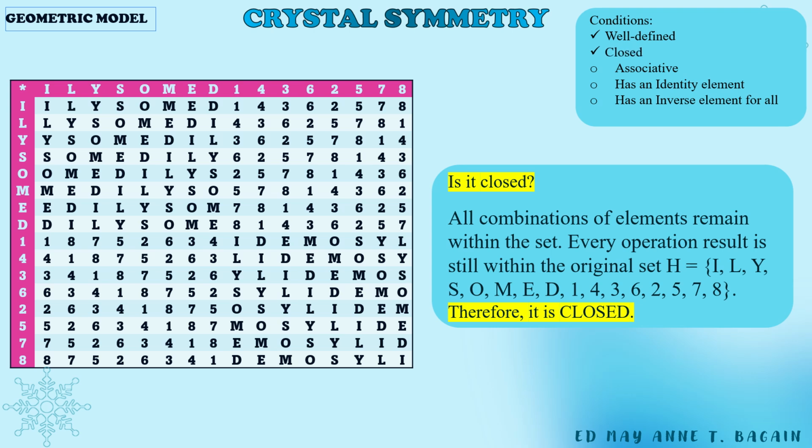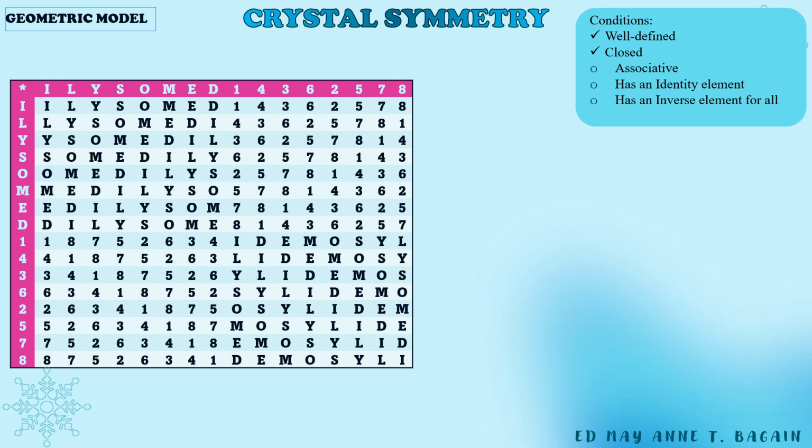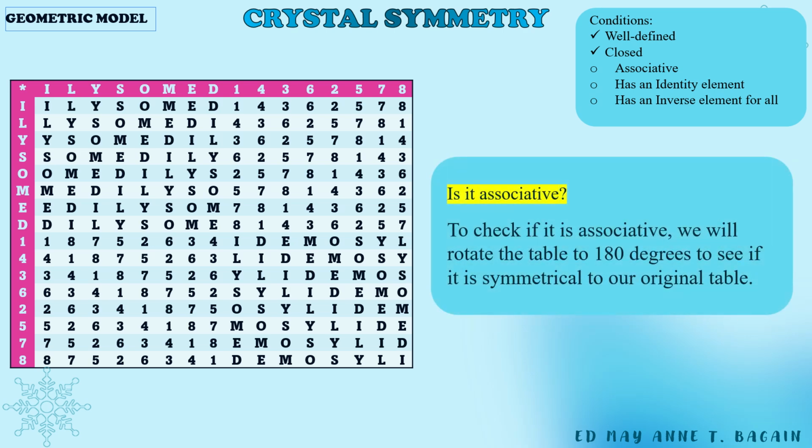Now let's move forward with, is it associative? To check if it is associative, we will rotate the table 180 degrees to see if it is symmetrical to our original table. That is how we will check if it is associative.